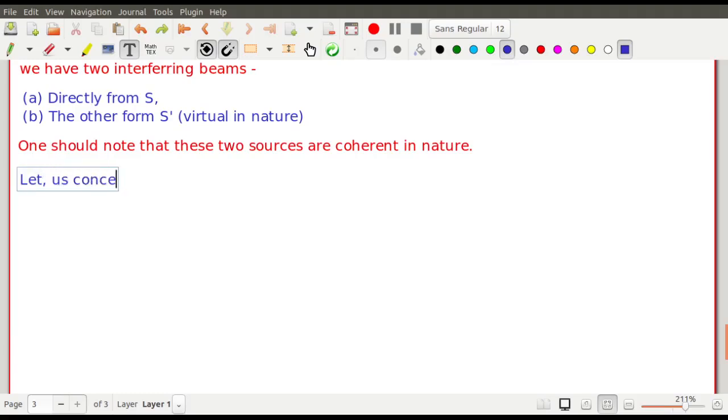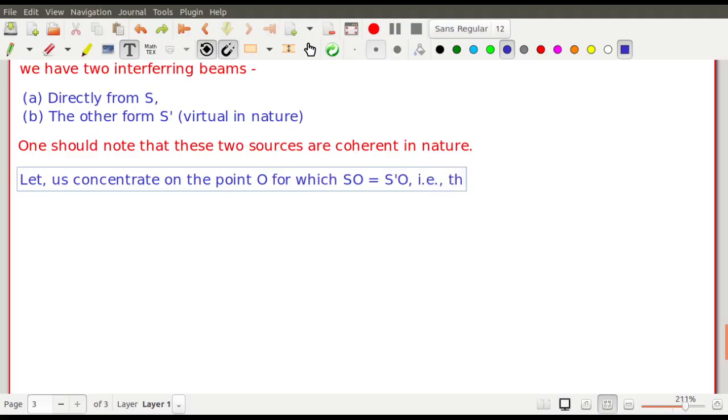Let us concentrate on the point capital O. Why do I concentrate over here? Because for this one, SO is equal to S dash O. তার মানে কি?